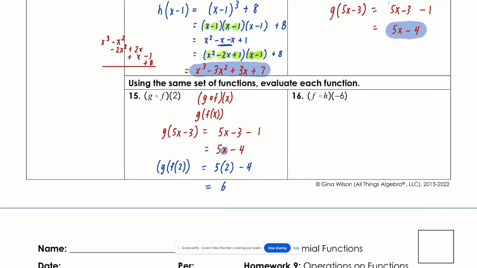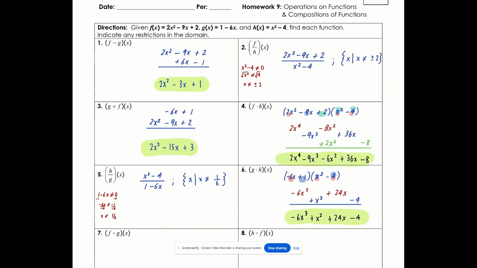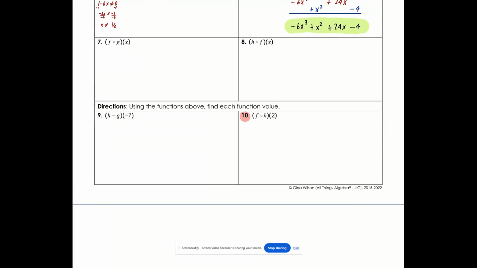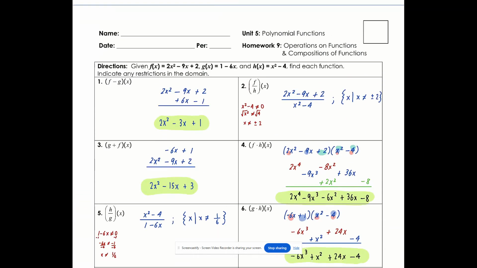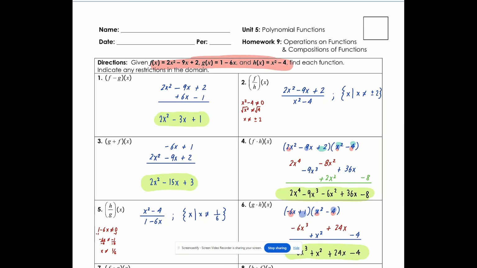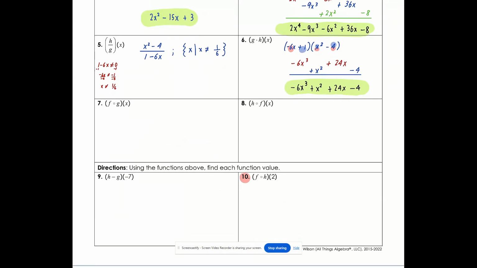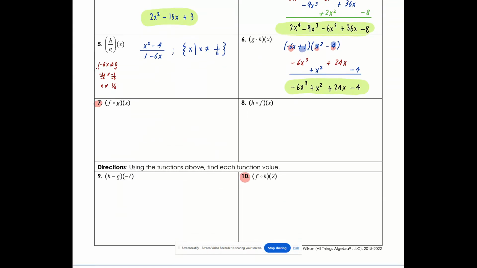If it doesn't, again, you might struggle a little bit on your homework with number 10. I think you can do it, though. We're going to use those same functions that are right up here at the top of your paper, okay? So don't be looking elsewhere. Look up there. And you're going to do 2 composition of functions, okay?